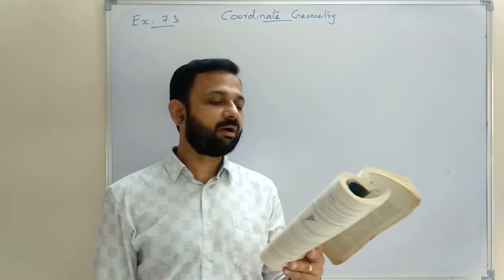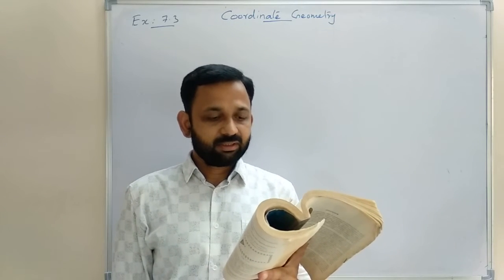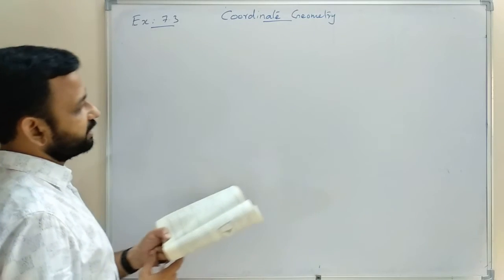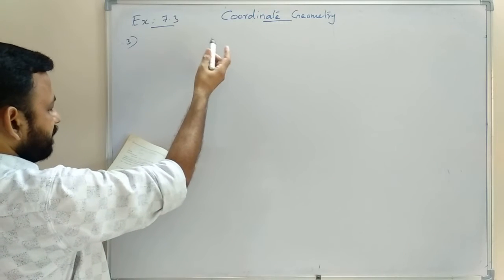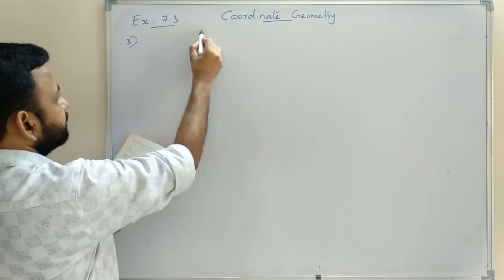Find the area of the triangle formed by joining the midpoints of the sides of the triangle whose vertices are given. Third question: find the area of the triangle formed by joining the midpoints of the sides of the triangle.